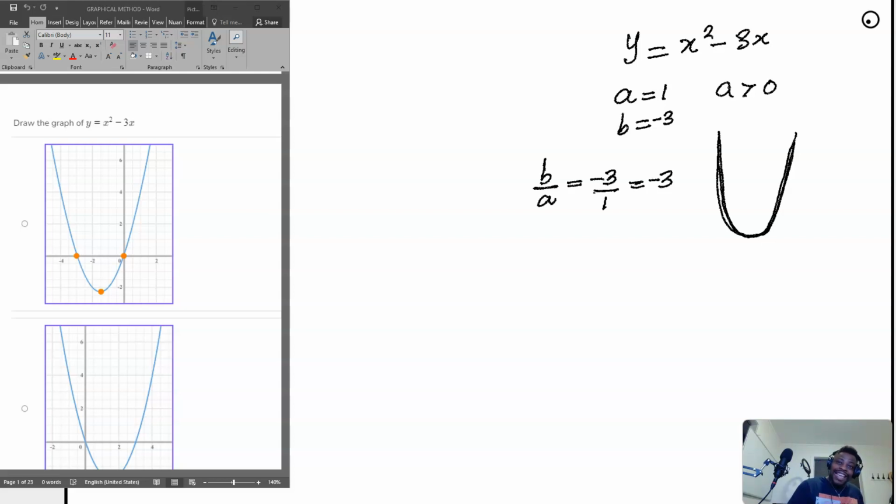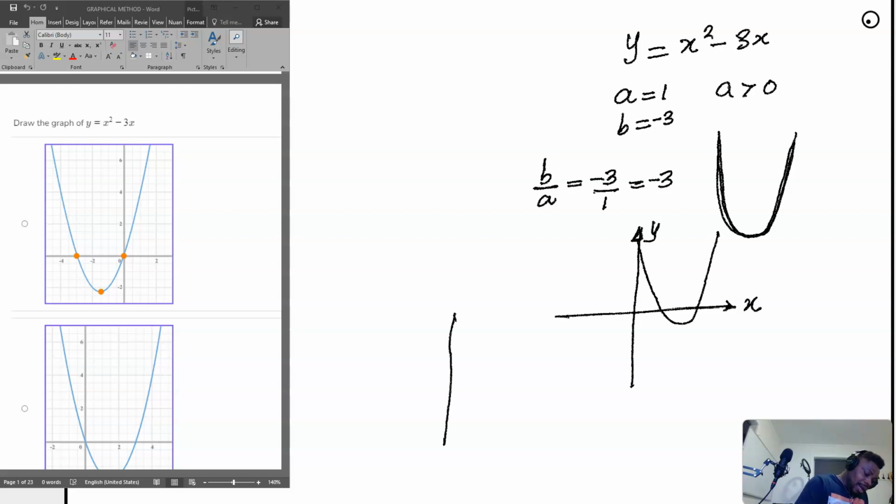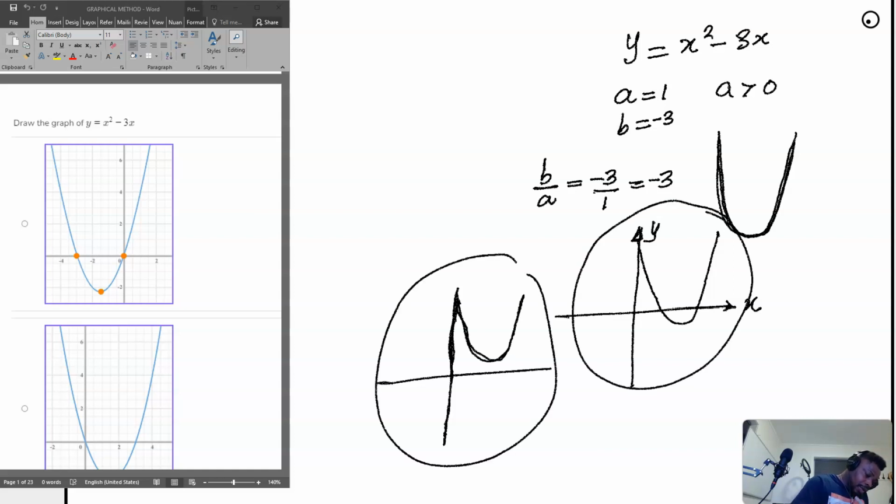If this is your axis, y and x, your curve is going to be on the right of the y-axis. Remember, this one can also be the right of the y-axis. So you can have this condition or you have this.